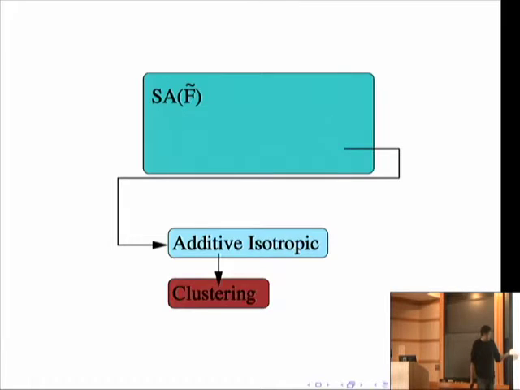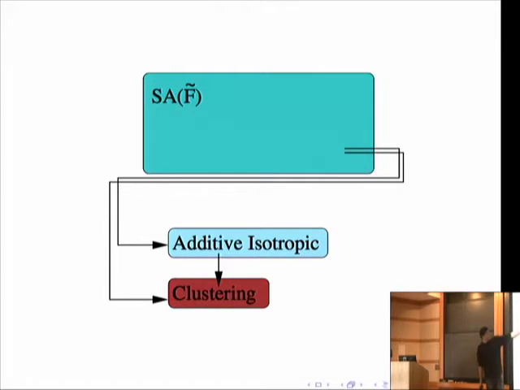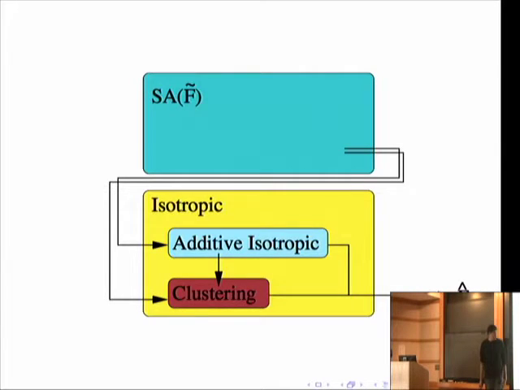So now the additive isotropic algorithm can feed into a clustering algorithm, which, whenever you're given random samples from a mixture of two Gaussians in isotropic position, can always learn some estimate f hat, which is an epsilon-close estimate, either way.